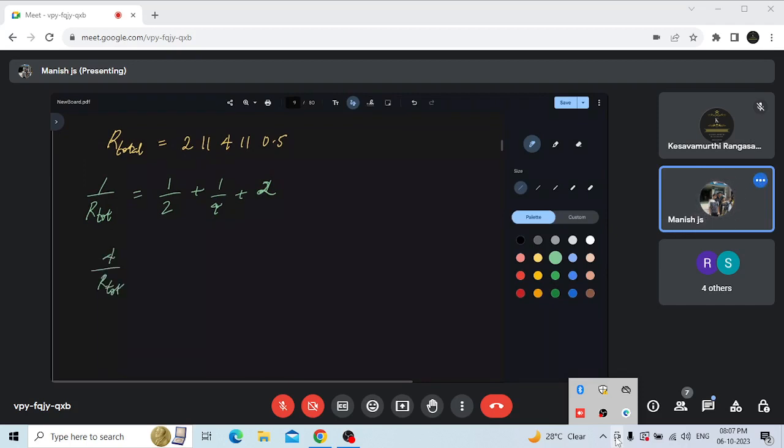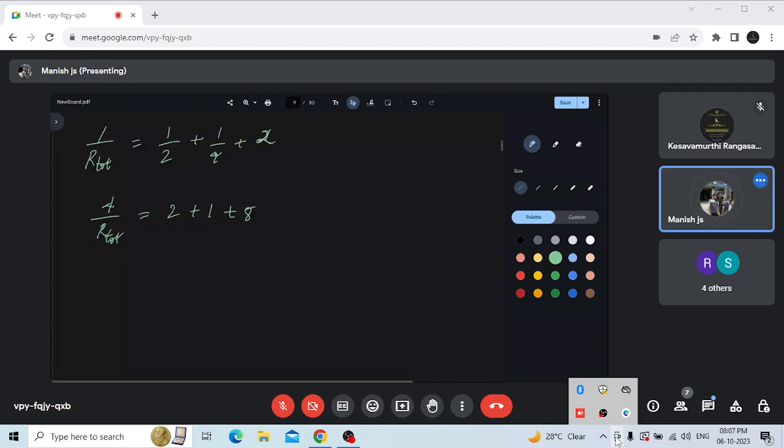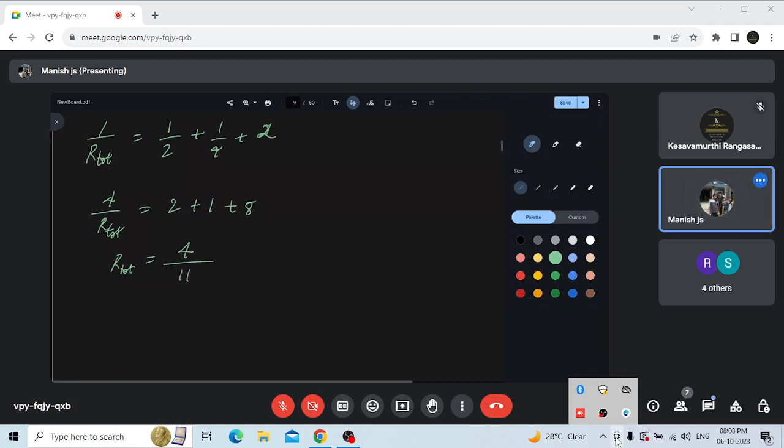So 4 by R total is equal to 4 upon 2 is 2 plus 1 plus 8, right? I'm just multiplying with 4. So what is our total? It is 4 upon how much? 8 plus 2, 10 plus 1, 11, right? So 4 upon 11 ohms. How much is 4 upon 11 ohms?